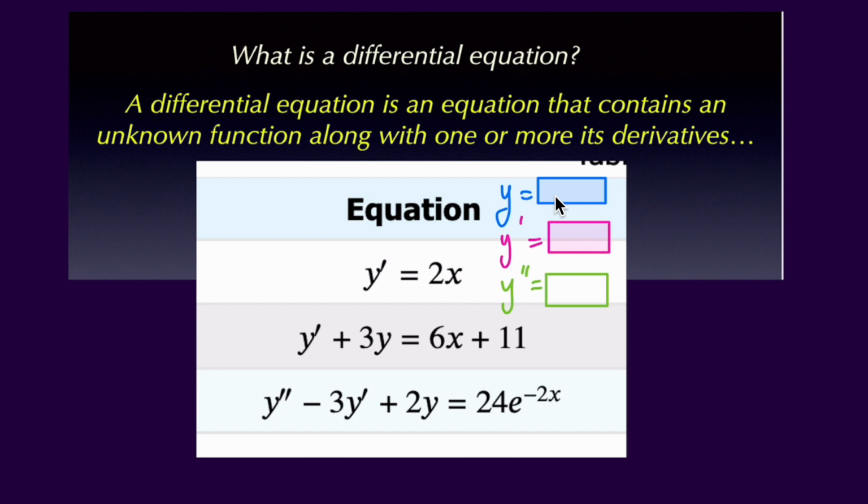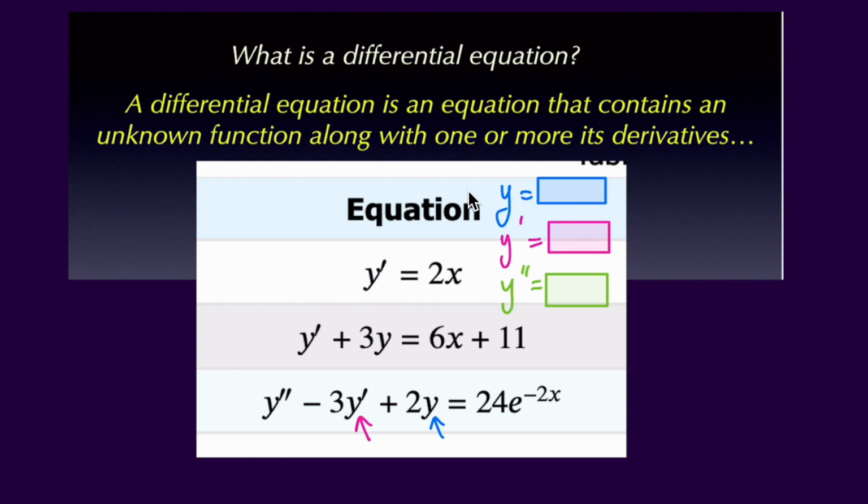And then, folks, we're going to systematically plug these into the original differential equation. We plug in what we think is the solution, the unknown function, for y. Then we plug in the first derivative of what we believe that function to be for y prime.